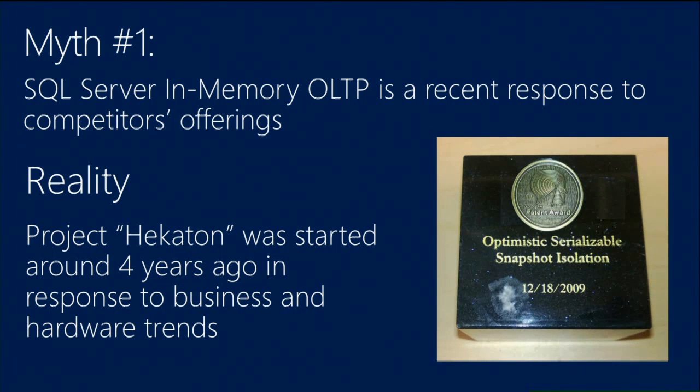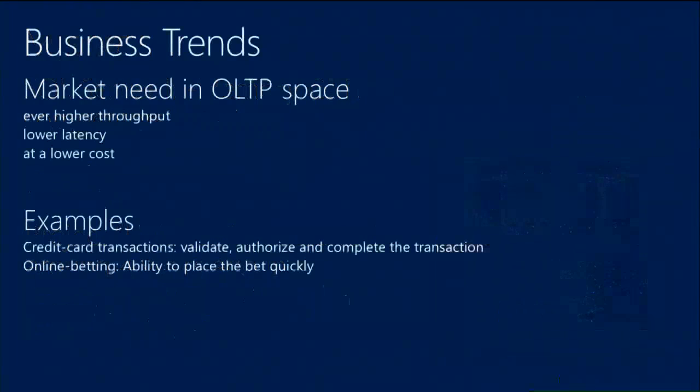The reason we started it was to respond to a number of trends we were seeing both from the marketplace as well as in hardware, things with CPU and memory.